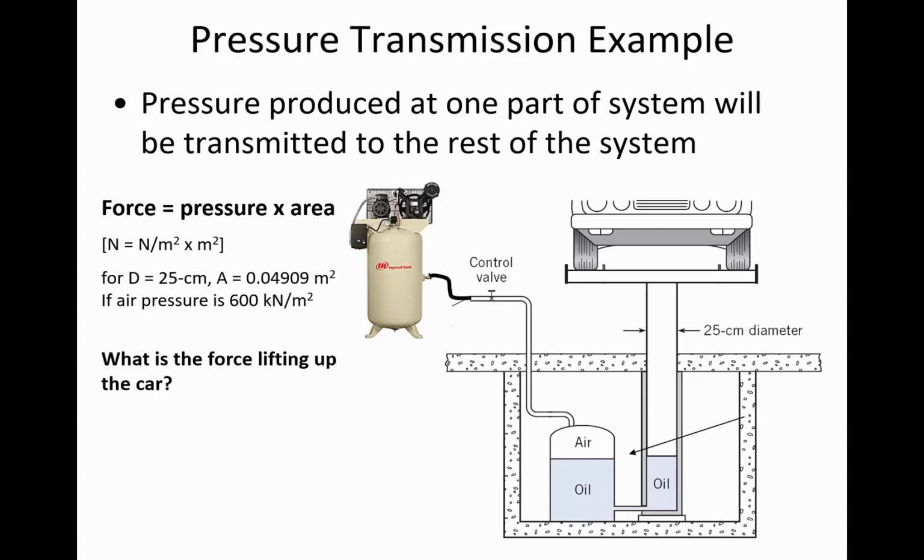Yeah, you use the hydrostatic equation to find out what is the pressure at the interface of the oil and the steel. So for example, if we turn the air compressor on so that now there's more than 600 kilopascals, it's going to lift the car up higher. We kind of already know that. Let's say right now it's in equilibrium, the compressor's off, it's at 600. So we pressurize it further, that's going to lift up the car.